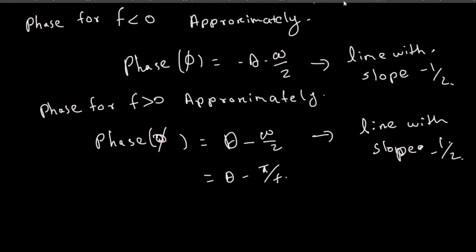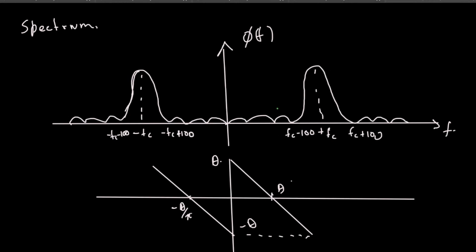Okay, wait a minute, is it theta over phi? Theta minus phi over f, omega by 2. Yeah.